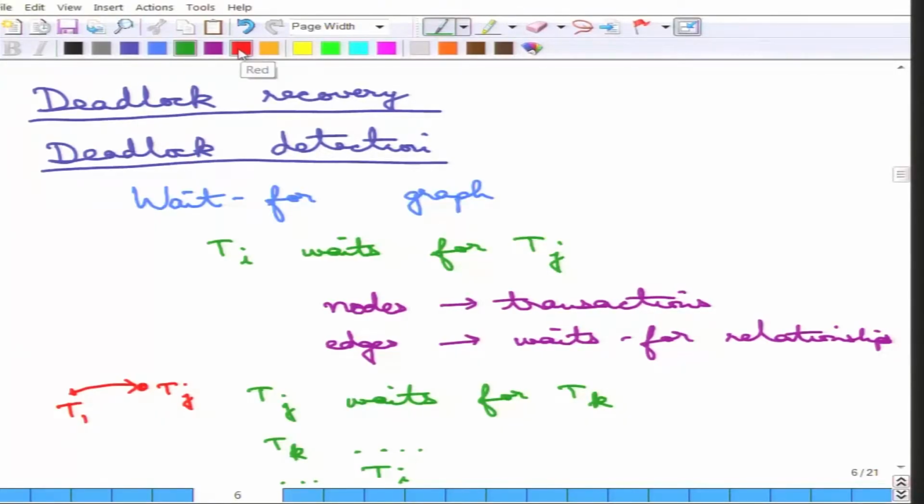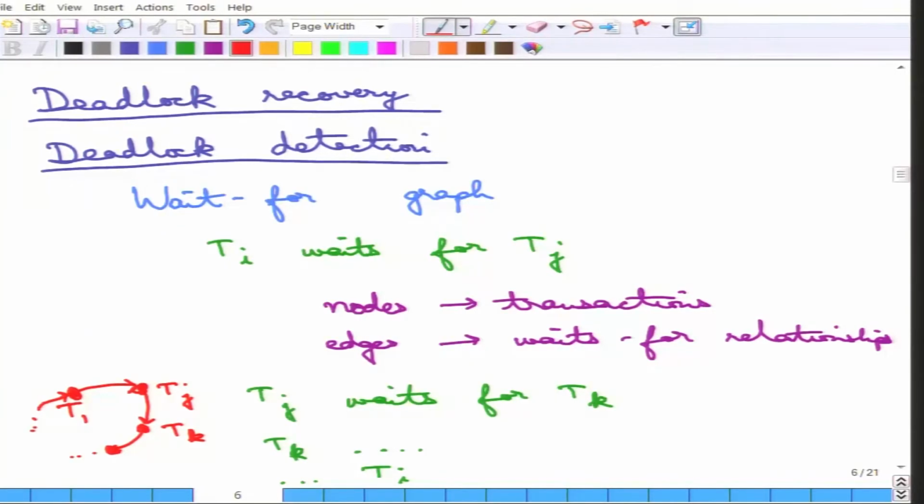So you can clearly see what is going to happen in this graph: Tj waits for Tk, then Tk waits for something else, and that waits for Ti. That means that for this graph to say whether there is a deadlock or not, there must be a cycle in the graph. Only when there is a cycle can it be detected that there is a deadlock.